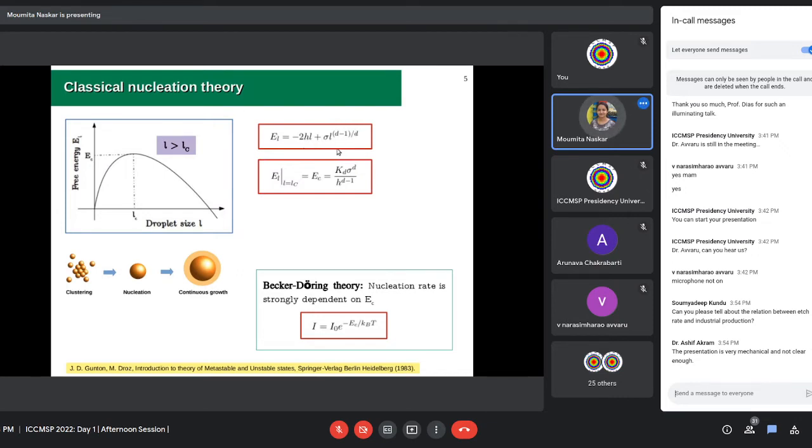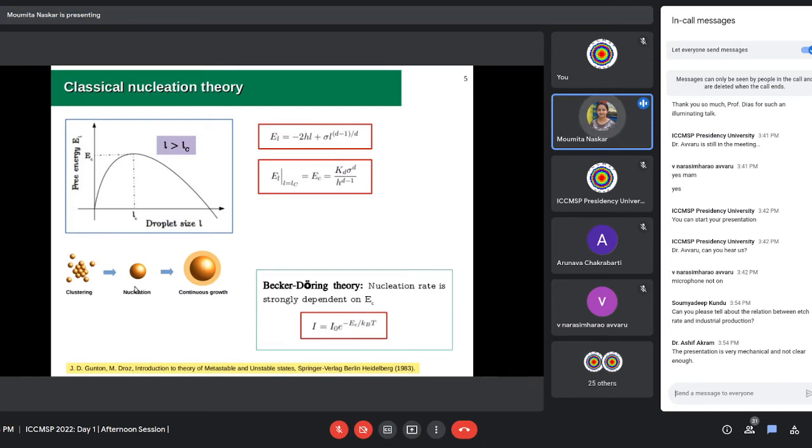Due to the competitive nature of these two terms, there must be a critical size of the droplet, such that only droplets with size greater than LC are energetically favored to grow continuously, and only they can take part in the reversal.